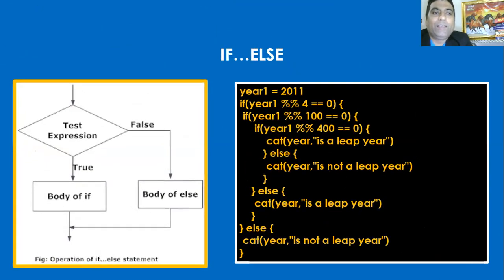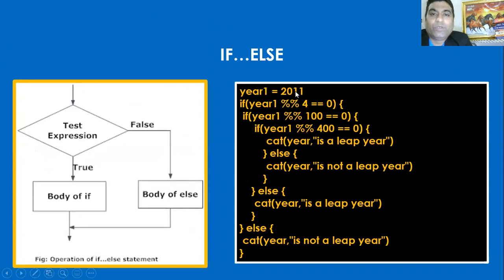The next is if else. In if else, there will be a condition like this: if the condition matches, then the first value will be executed, else the next value will be executed. In this example, 2011 is initialized in year.